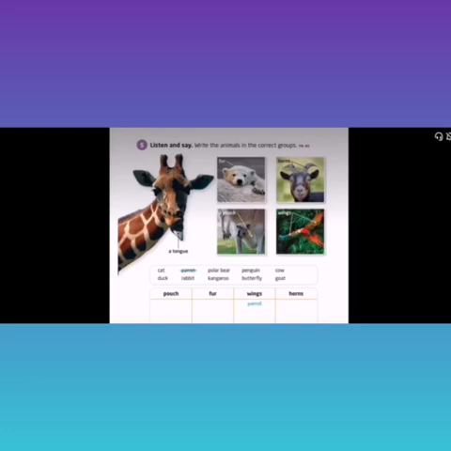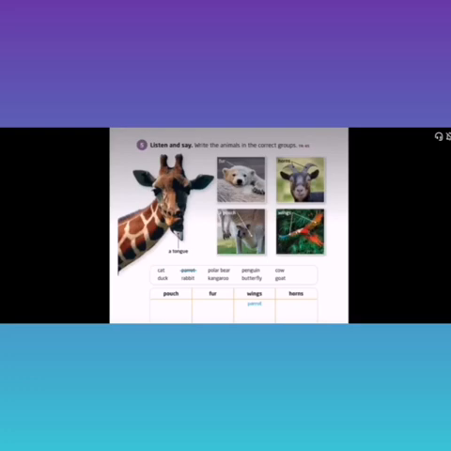Okay, very good. So now, for the exercise that is below, para el ejercicio que tenemos en la parte de abajo. Okay, we're going to write these words like cat, dog, rabbit, polar bear, kangaroo, penguin, butterfly, cow, and goat into the correct group, en el grupo correcto.